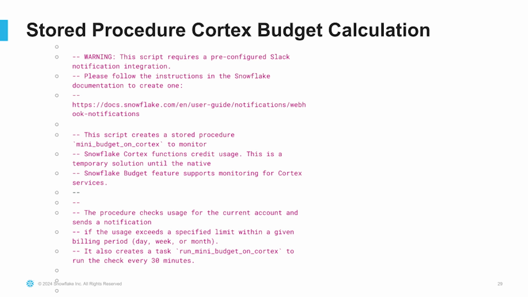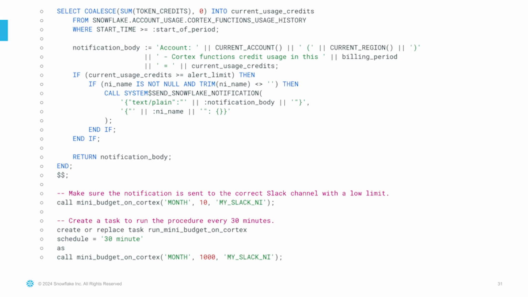So here's an example that requires a pre-configured Slack notification integration, which can also be referenced on the GitHub with this code directly available. In this case, we see logic for how we can configure the number of tokens and credits that we use across a specific period of time and set an alert to Slack once we exceed that threshold.